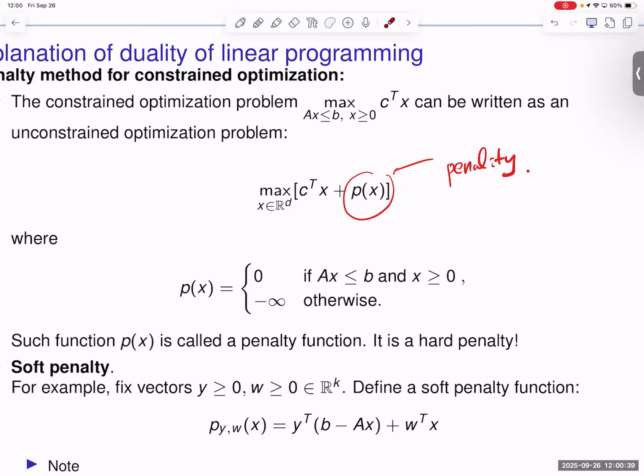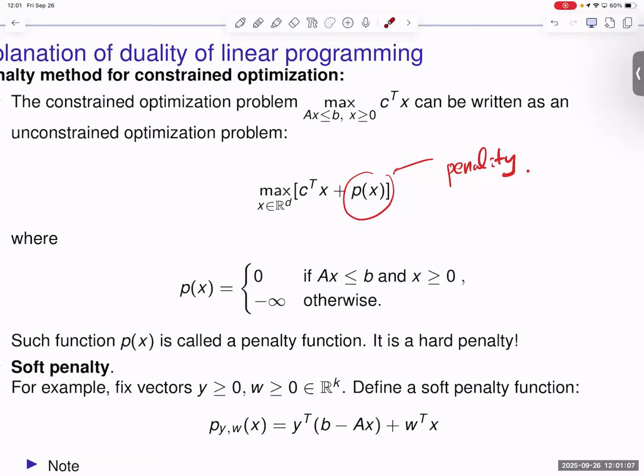Okay, then you have a speed limit. So this penalty, I mean, it's like you want to maximize something under the condition that the drivers satisfy the speed limit. Okay, and then to achieve that, you can do the following. When they violate the speed limit, you charge, I don't know, an infinite amount of money.